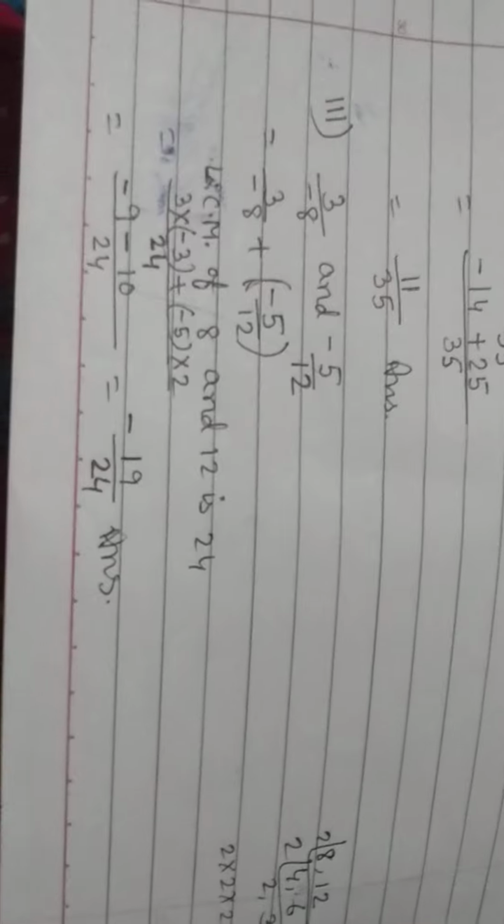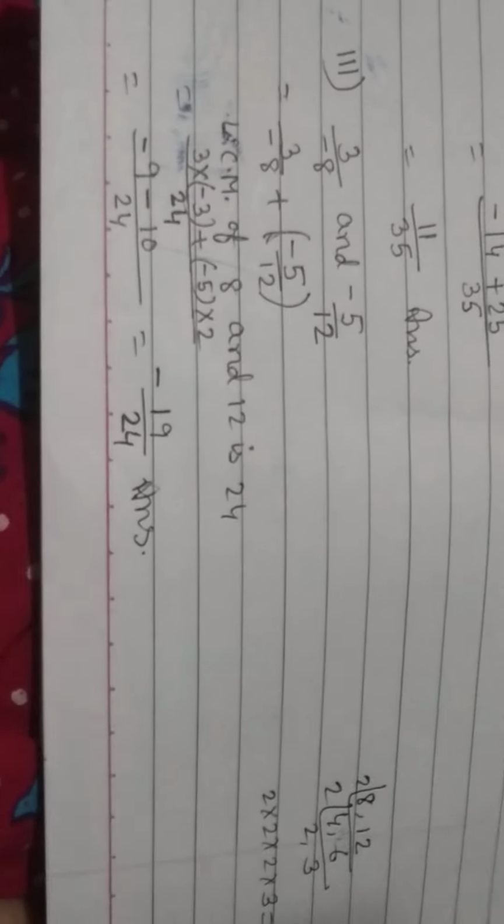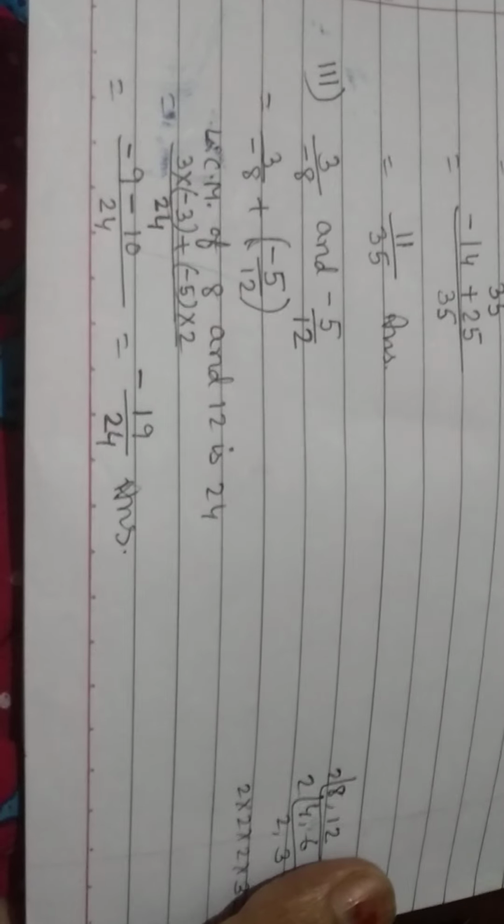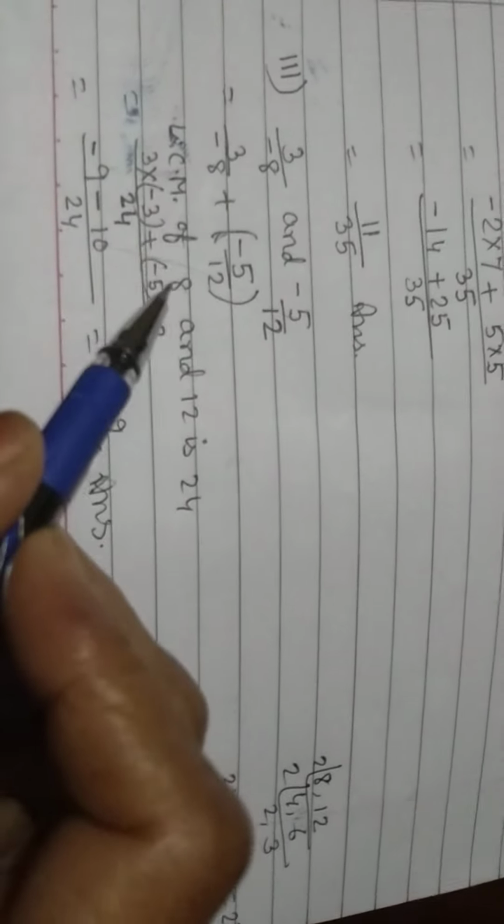Next, again we have to find the LCM of the denominators. I hope you can find the LCM, but I am showing it here: the LCM of 8 and 12. 8 and 12, common number 2, we divide by 2. 8 divided by 2 becomes 4, and 12 divided by 2 becomes 6.